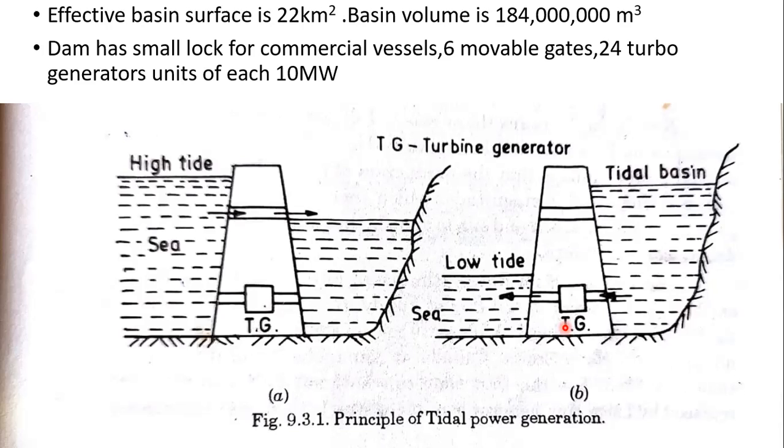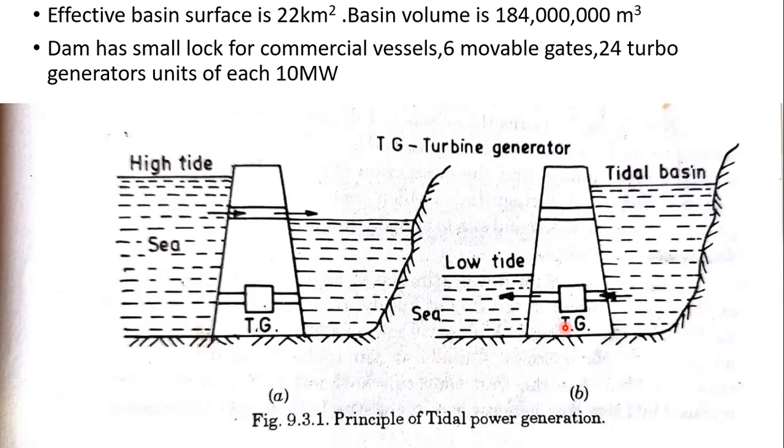Though we have an installed capacity of 240 megawatts, the average power generating capacity is less. We have a maximum installed capacity of just 240 megawatts, but we are generating less than 240 megawatts, because the power can be generated only intermittently.